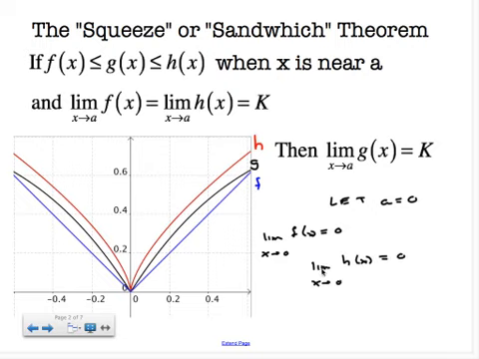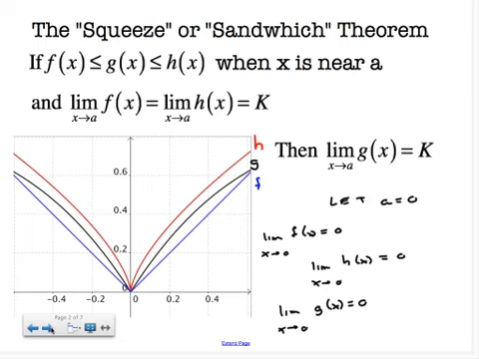We're then allowed to conclude by the squeeze theorem that the limit as x goes to 0 of g of x must also be 0. And we could do that even if we did not have the graph of g in this picture. g's graph could not even be there. As long as we were told that this was true, we could make that conclusion.